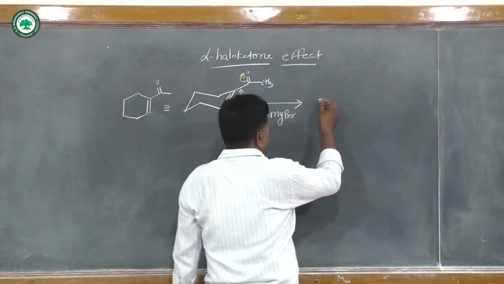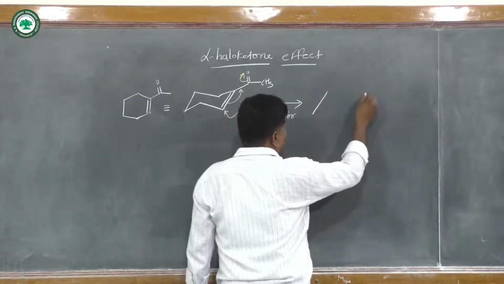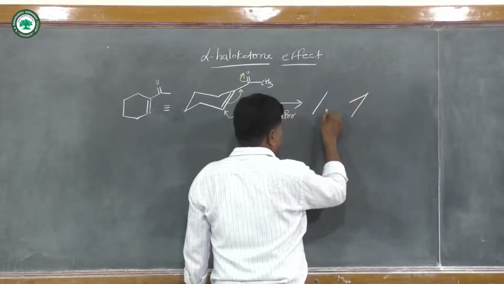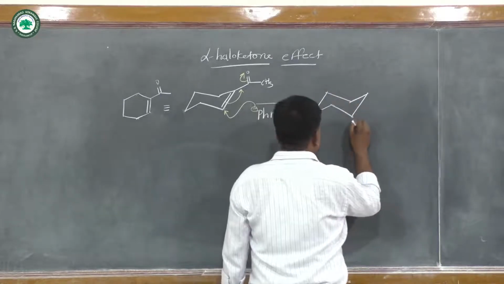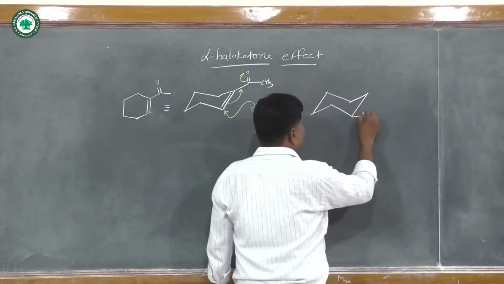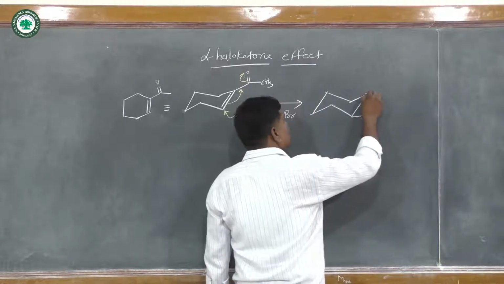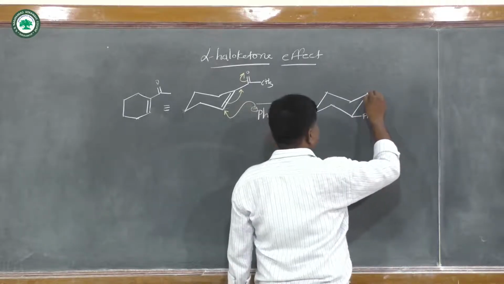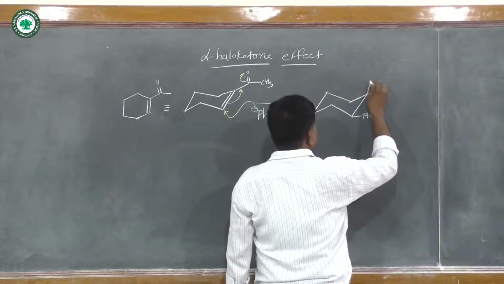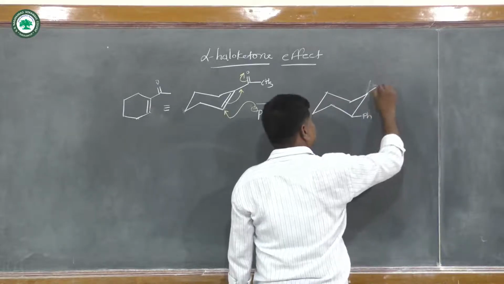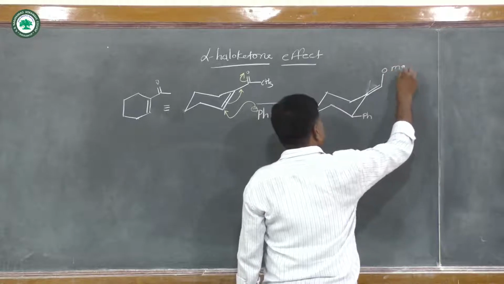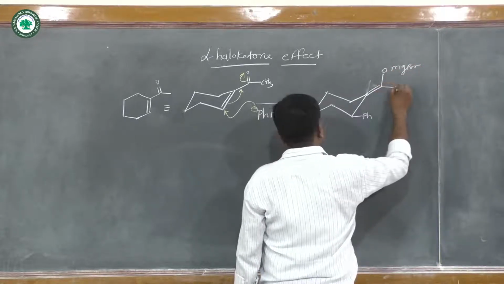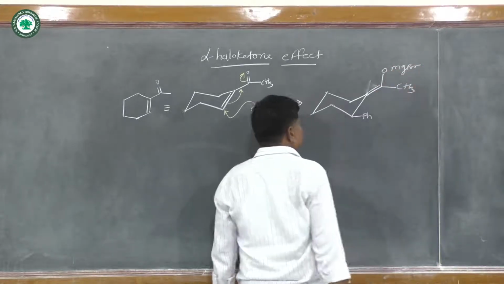Okay, now what is the product from this starting material? Here we have phenyl, here we have the double bond, here oxygen with MgBr, and here this is the methyl group.